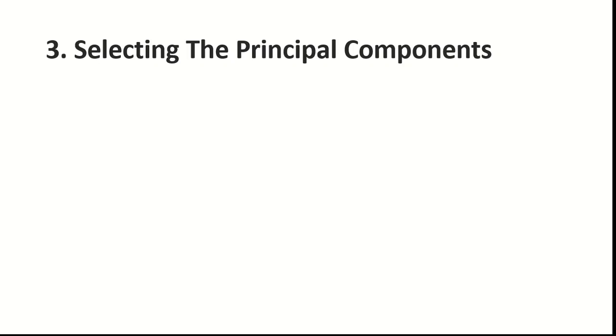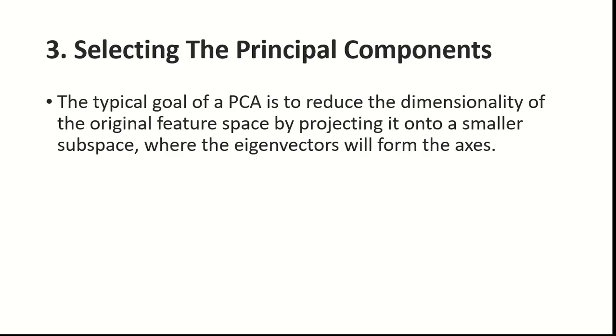And then we have to find the principal components. Once we have got all the eigenvectors and eigenvalues, from that we can choose the principal components. The typical goal of PCA is to reduce the dimensionality of the original feature space by projecting it onto a smaller subspace. That means if we have 3D data, we convert it into 2D maybe.